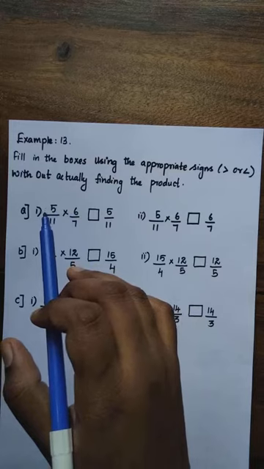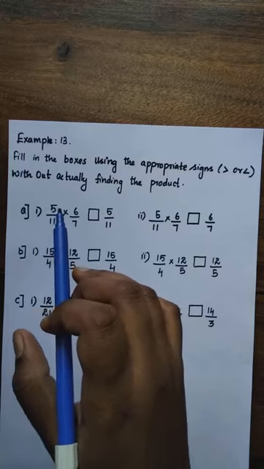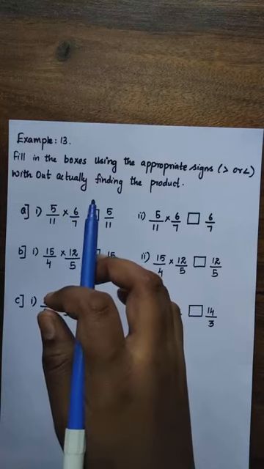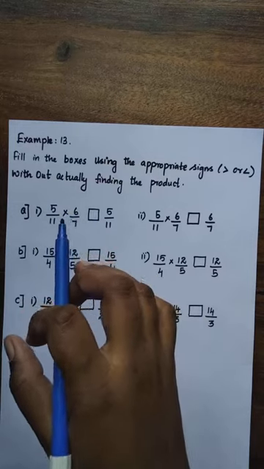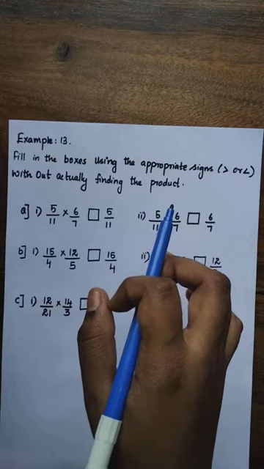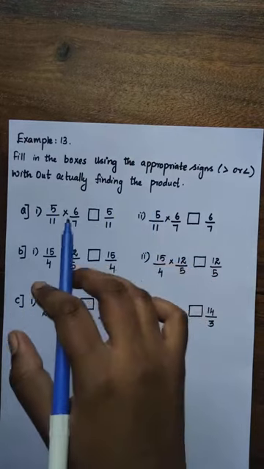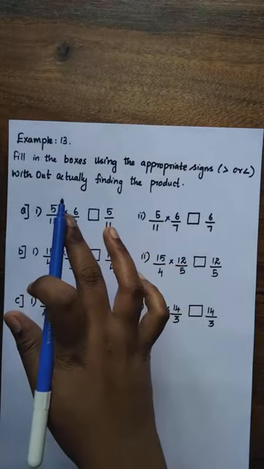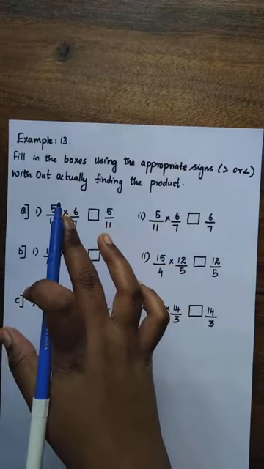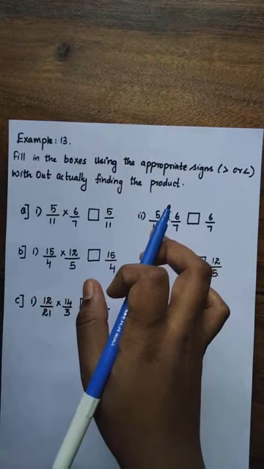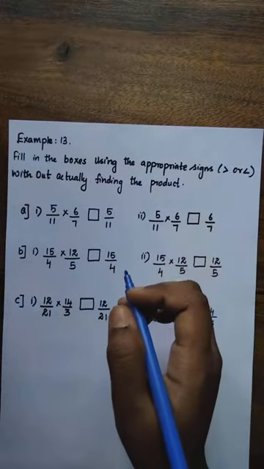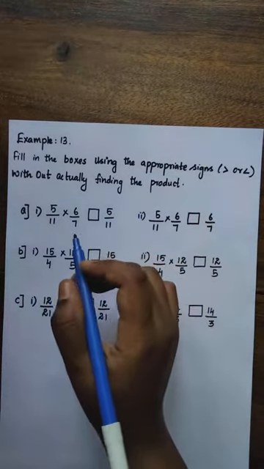When you are multiplying two proper fractions, the product is dash than each of the fractions. Already we have seen this. This is the product part, and this product is less than each of the fractions.